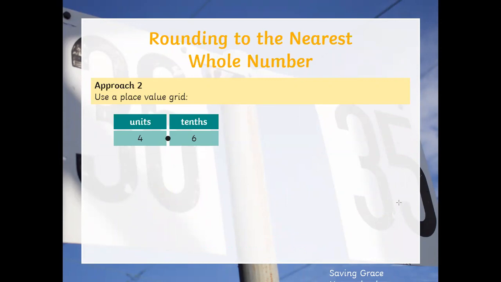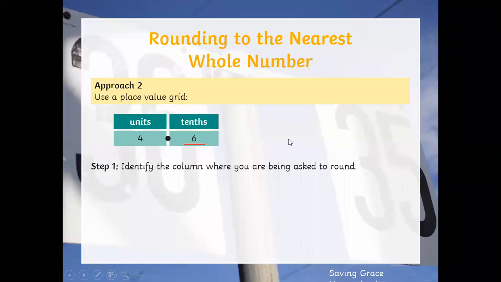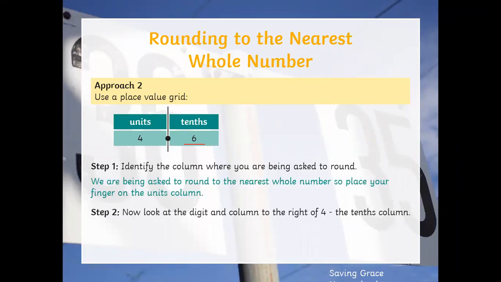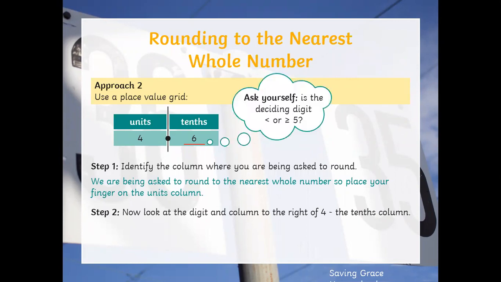So use a place value grid. Step 1, identify the column where you are being asked to round. They want to know the closest whole number, so you're going to look at the digit in the ones column, which is 4. Step 2, look at the digit in the column to the right, the tenths column.